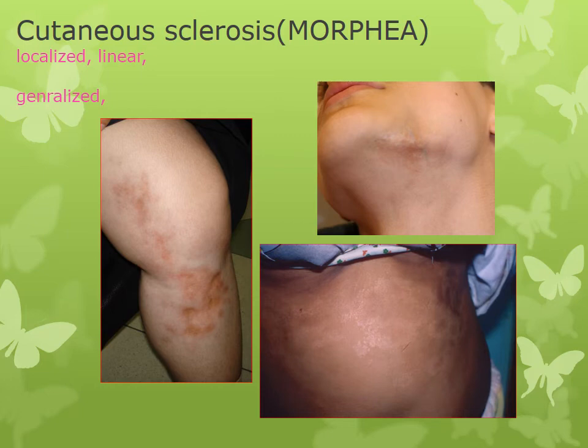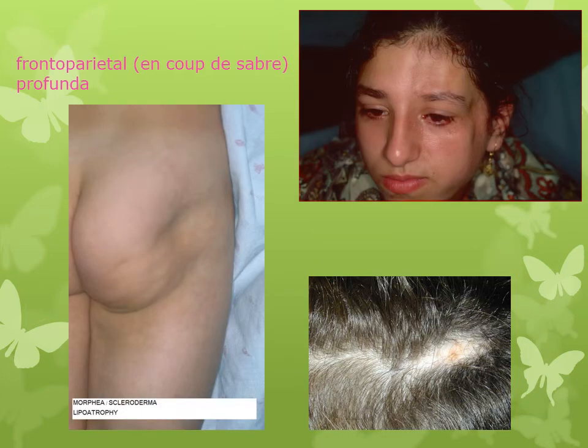Scleroderma can be cutaneous or systemic. Cutaneous scleroderma is also called morphea. Morphea can be localized, linear, or generalized. Other types of morphea are the frontoparietal, which is also given the name en coup de sabre.